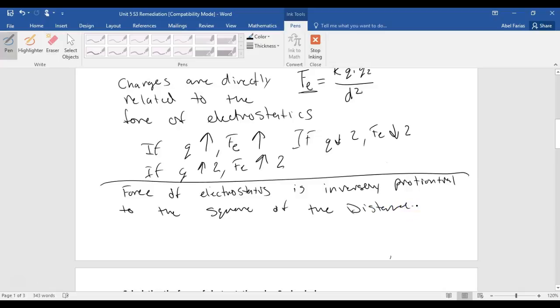So our distance squared, if our distance goes up by 2, then our force is going to change by that factor, right? So it's inversely proportional.